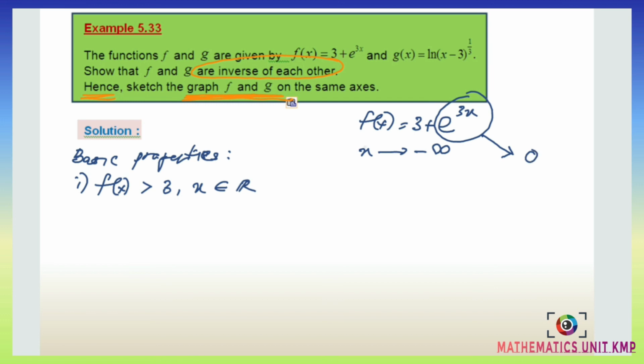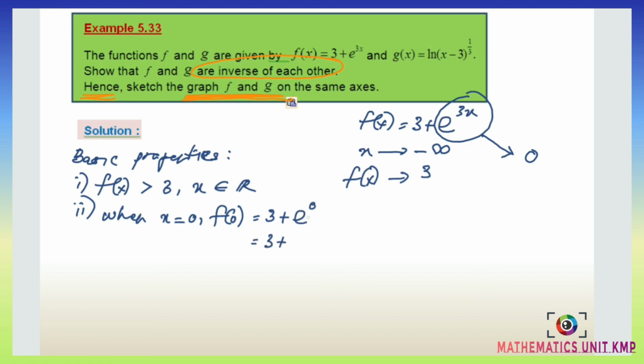And that means f(x) approaches 3. And the second, find the intercept on the y-axis. When x equals 0, f(0) equals 3 plus e to the 0. 3 plus e to the 0 is 1, equal to 4.